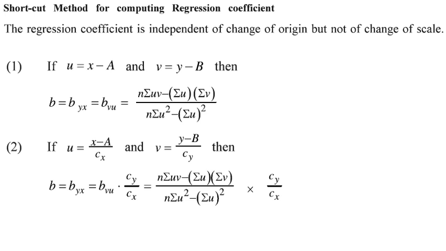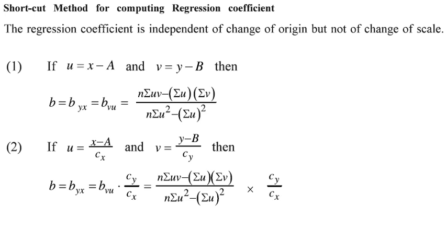So to get byx using the uv formula, we need to do this: bvu, that is the whole uv formula, into cy upon cx, the multiplication and division. cy is the value with which we divided y, and cx is the value with which we divided x.